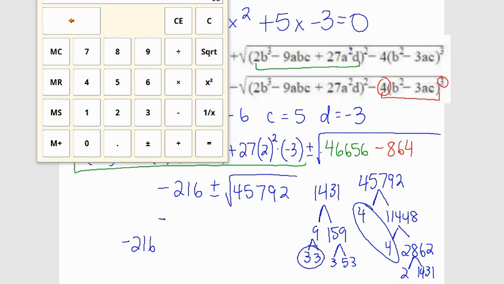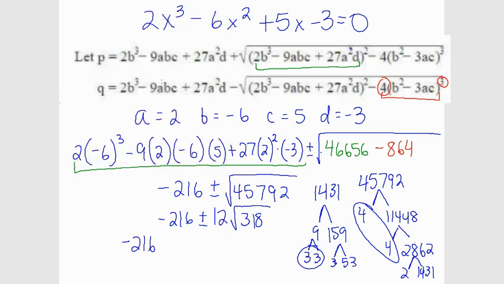So this is equal to negative 216 plus or minus 4 times 3 is 12. Okay. And then we got 3 times 53 times 2. So 3 times 53 times 2 is 318. So square root of 318. Great. So we've got our P and we've got our Q. P would be the plus and Q would be the minus.